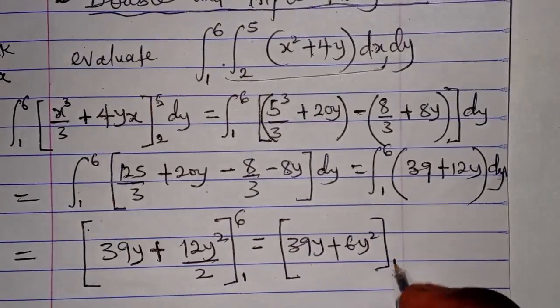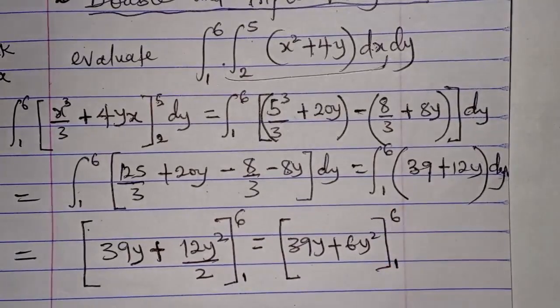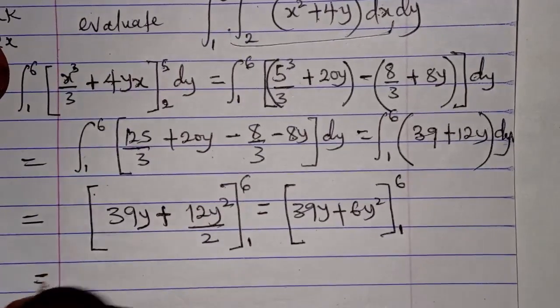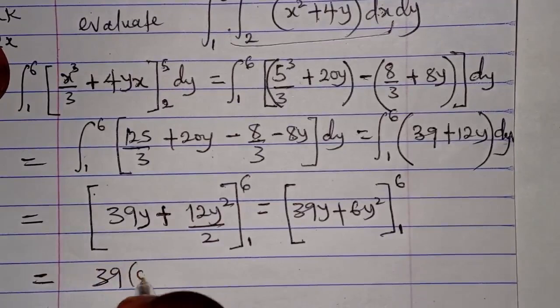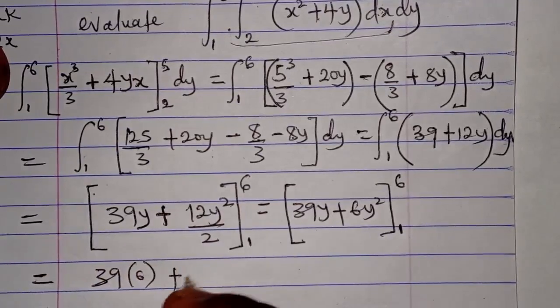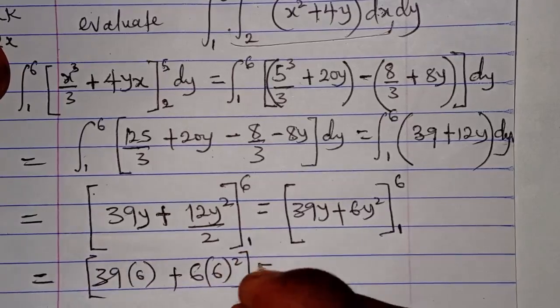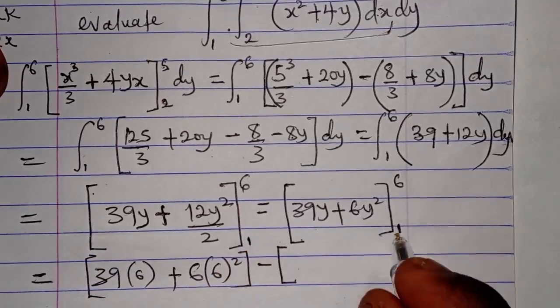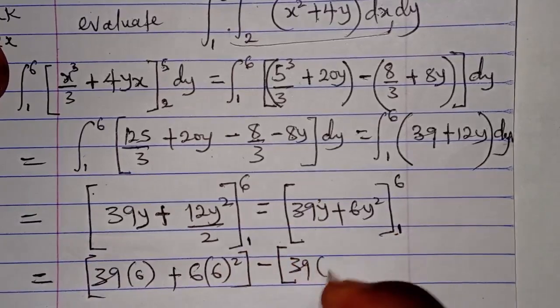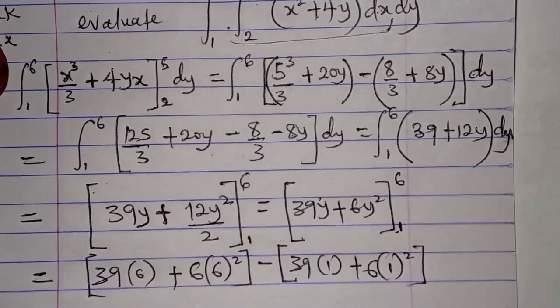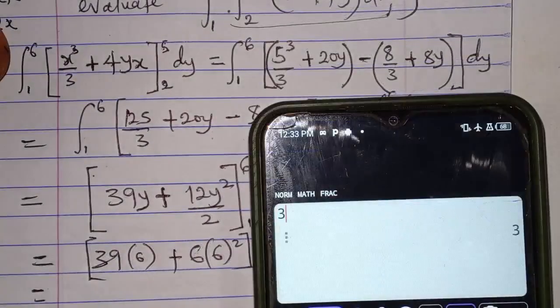So plug in from 1 to 6. We now plug in the upper limit. That will be 39 times 6 plus 6 times 6 squared, minus, we plug in the lower limit, 1: 39 times 1 plus 6 times 1 squared. 39 times 6 is 234.